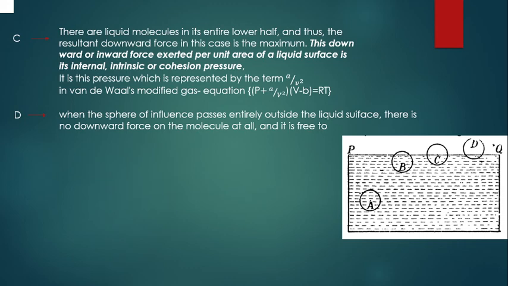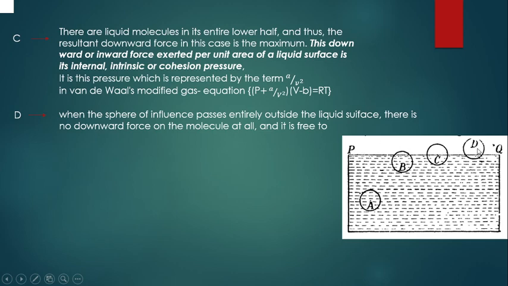And this cohesion pressure is represented by a term a by V square, where V is the volume and a is a constant. This cohesion pressure modifies the equation, and this term comes in the van der Waals gas equation. In the van der Waals equation, (P + a/V²)(V − b) = RT, where a by V square is the cohesion term.